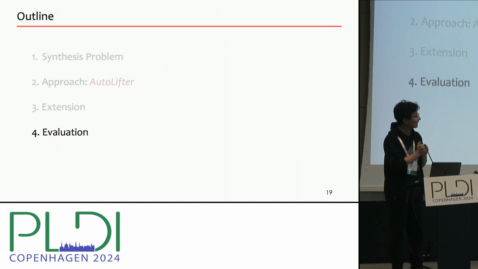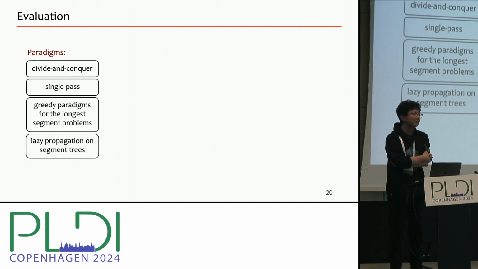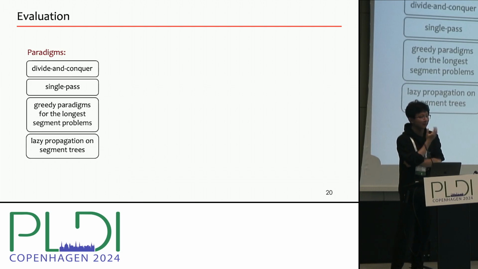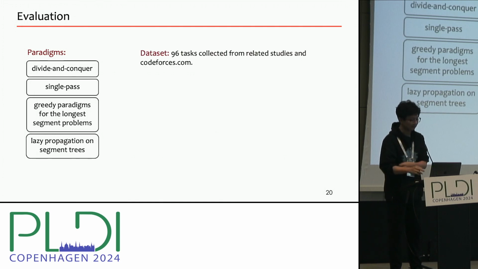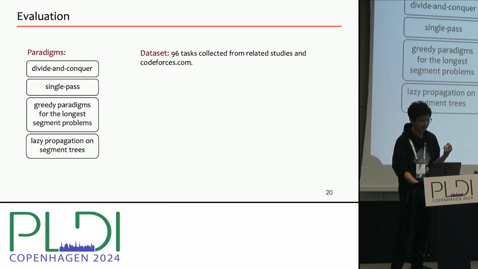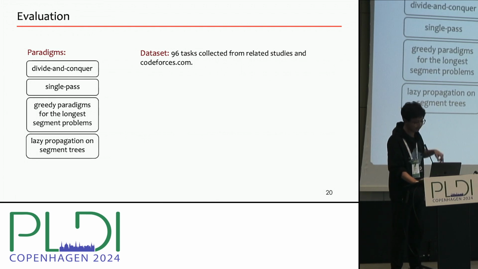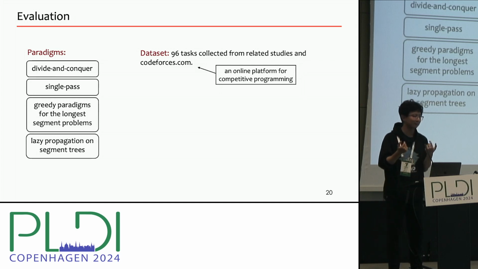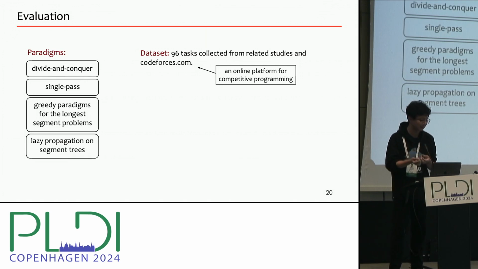Okay, so let's end with a very quick evaluation. In our evaluation, we consider all these paradigms we mentioned before, and we collect a data set from previous related studies and also a website, namely codeforces.com. It is an online platform for competitive programming, which is a contest for writing complex programs and efficient programs.